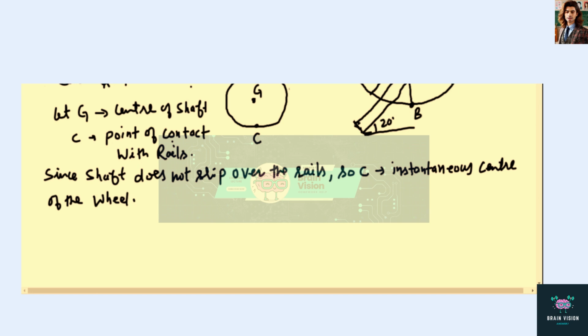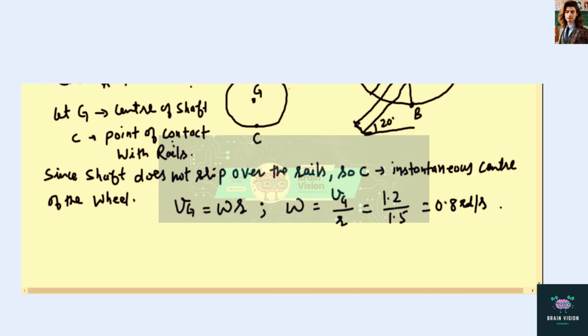Since the shaft is performing pure rolling motion, the velocity of the center of the shaft can be defined as omega into r. So the angular velocity will be the velocity of the shaft upon the radius. The velocity of the shaft is given as 1.2 inch per second and the radius is 1.5, so it will be 0.8 radian per second in the counterclockwise direction.